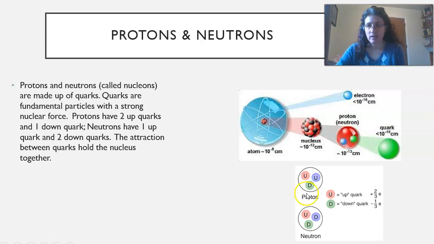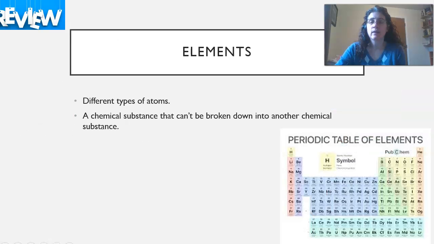You can see here a proton is made up of 3 quarks, and a neutron is made up of 3 quarks, and those protons and neutrons will come together in the nucleus. Again, the electrons are still circulating around the nucleus. And you can see some sizes here as comparisons to help you out.